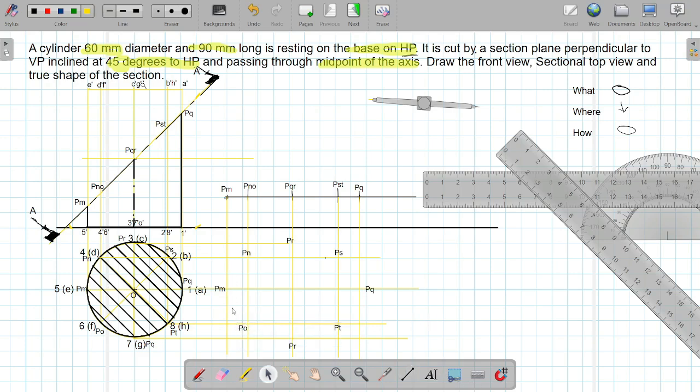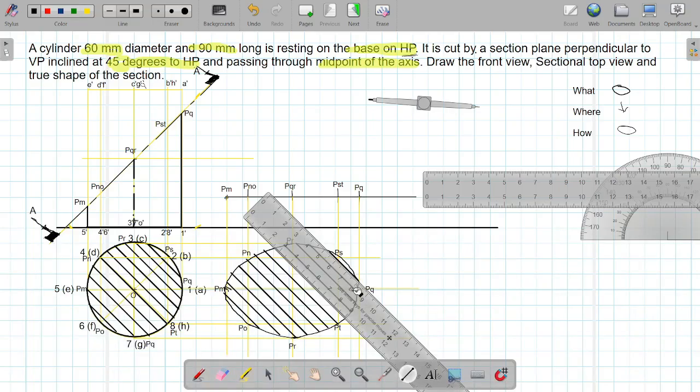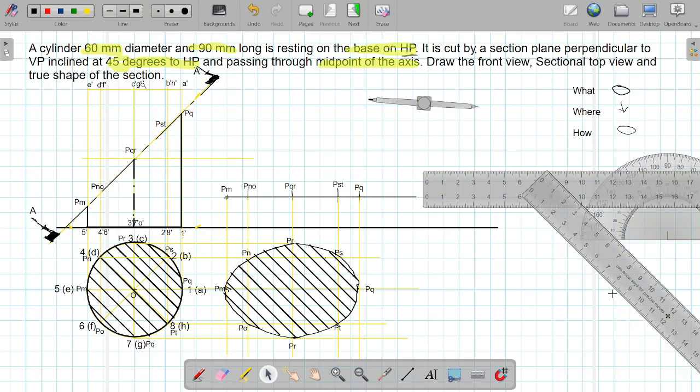Now we have to join these points by a smooth curve, with a dark line. After joining, it should be a smooth curve, and then we have to again make the section lines in this. So this completes the true shape of the section.